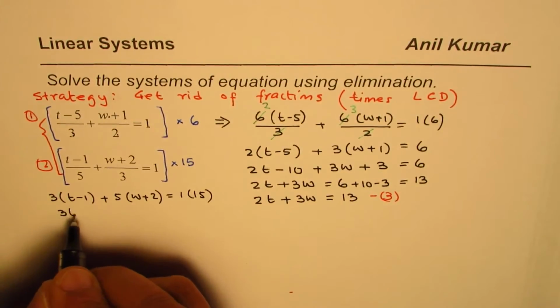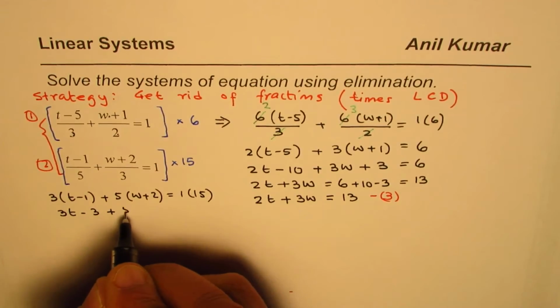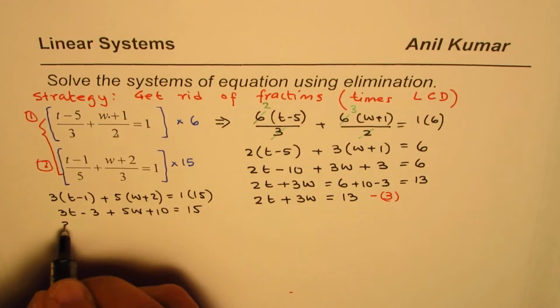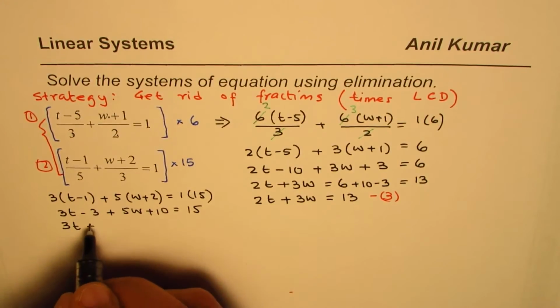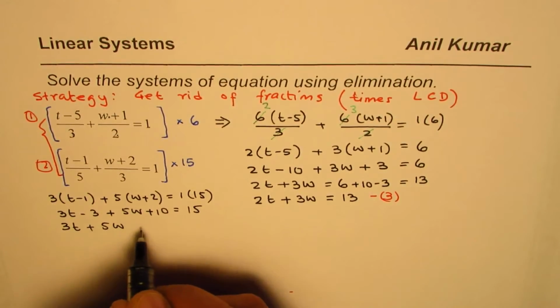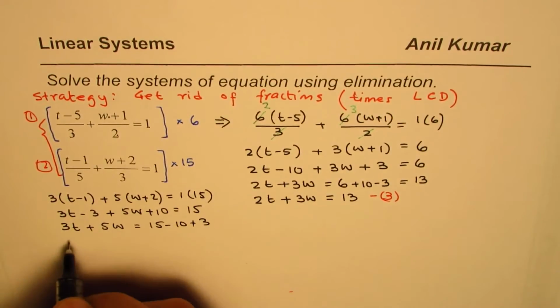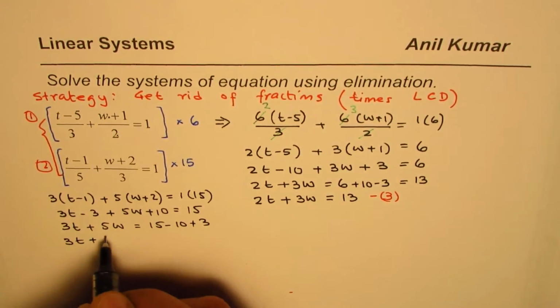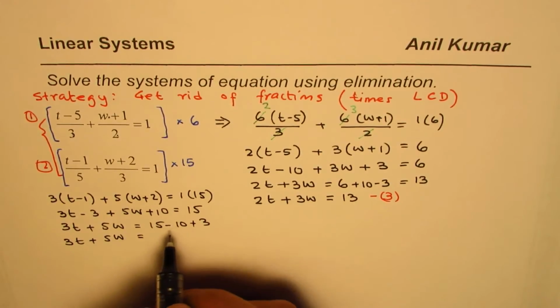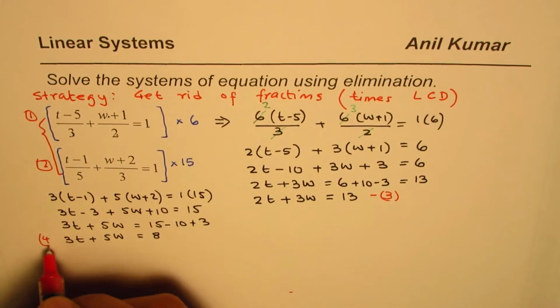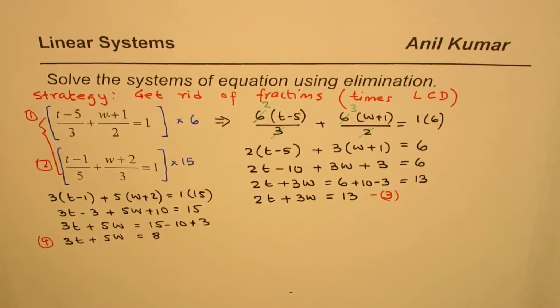So that is 3t minus 3 plus 5w plus 10 equals 15. So 3t plus 5w equals 15, take away 10 plus 3. So 3t plus 5w equals 5 plus 3, which is 8, right? So we get our equation number 4. And equation number 4 also does not have any fractions.